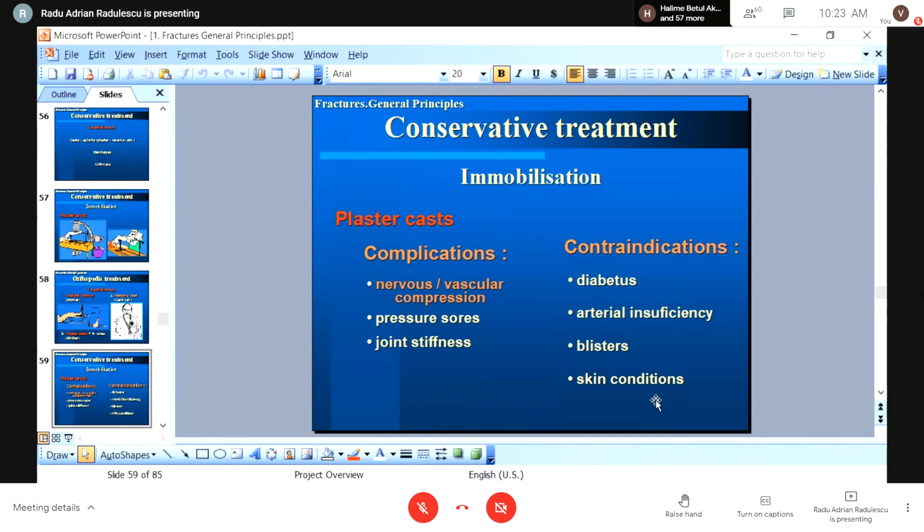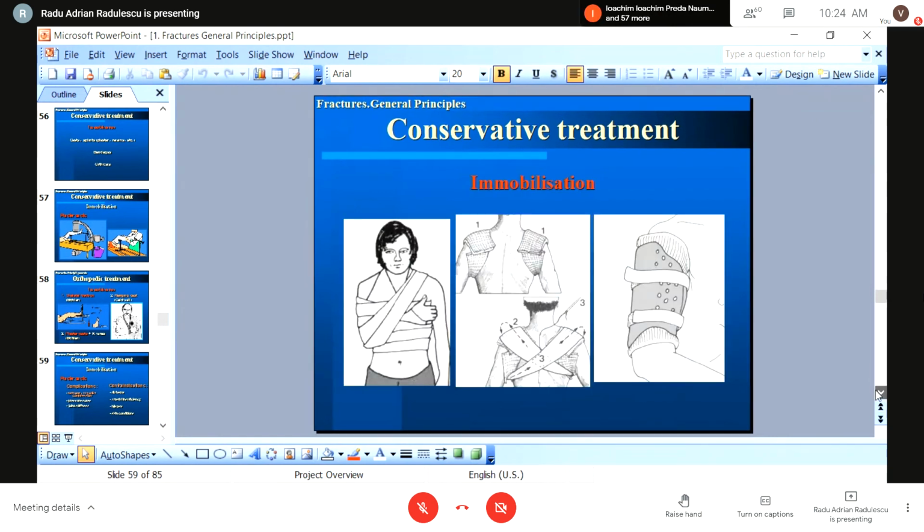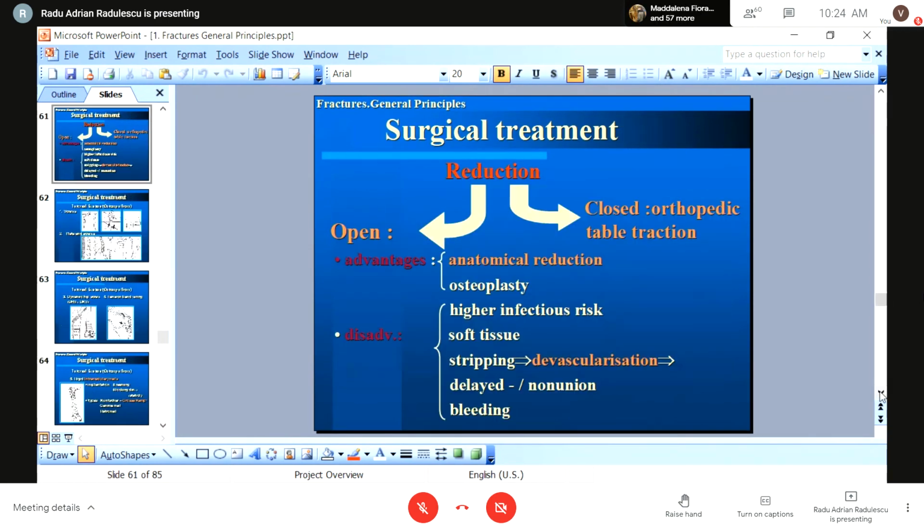And there are some specific contraindications for the casts, like diabetes, insufficiency of the arterial circulation, blisters, or other skin conditions. Here is an example of a bandage, and here on the right side is an orthosis, like you can see, which is an additional support device for the upper limb, or for the limbs generally speaking.